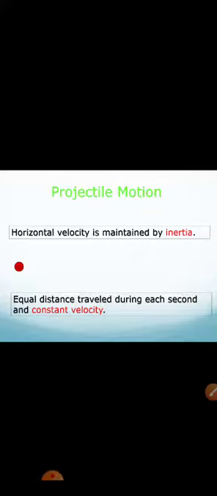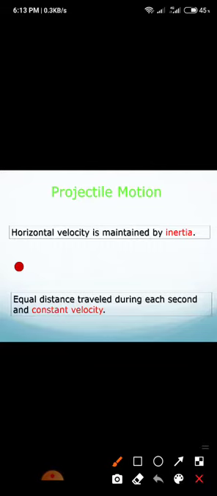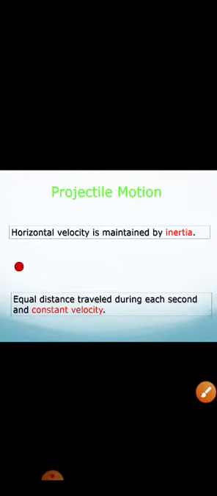That is, along the x-axis, along the horizontal, the velocity remains constant. You can see the picture: equal distance in equal time. That is, horizontal velocity is constant velocity.